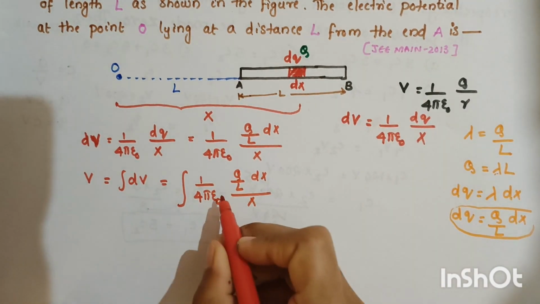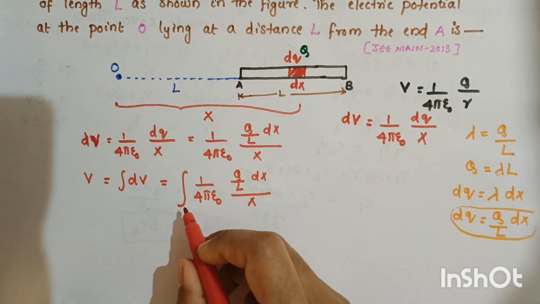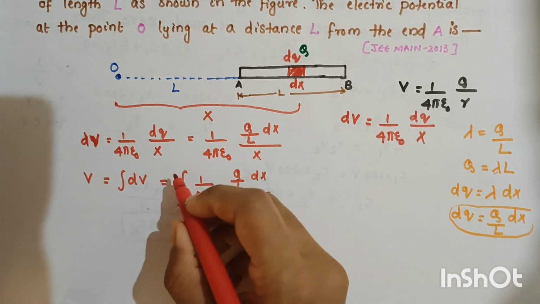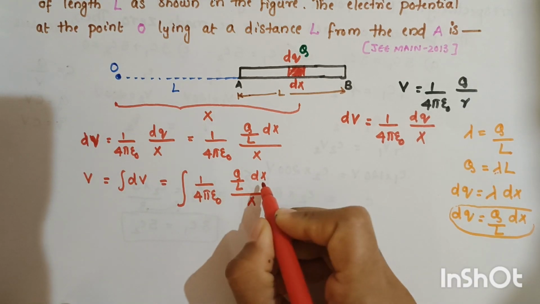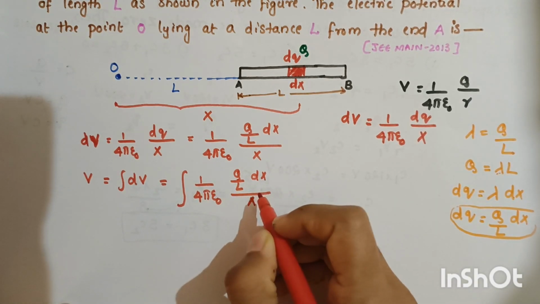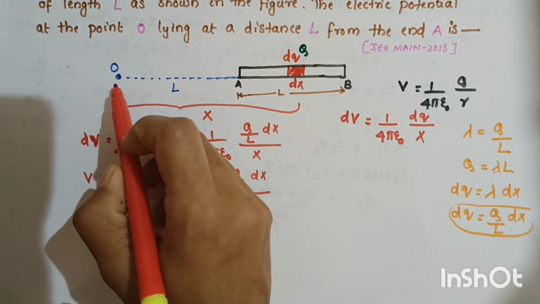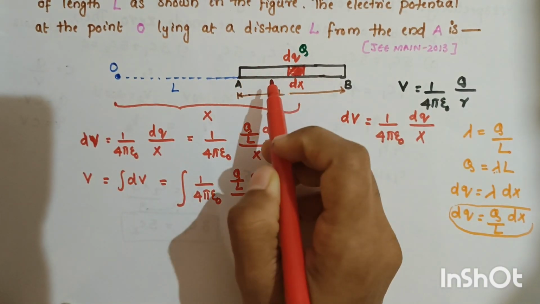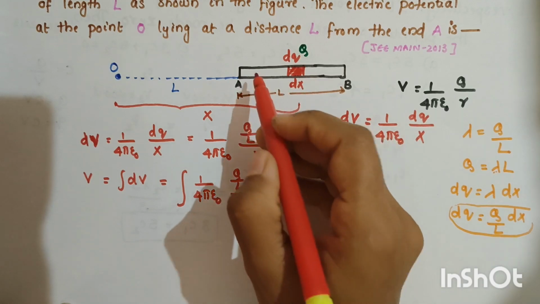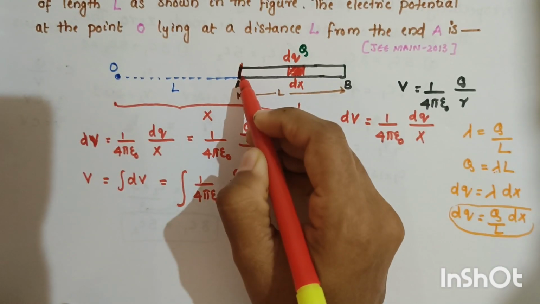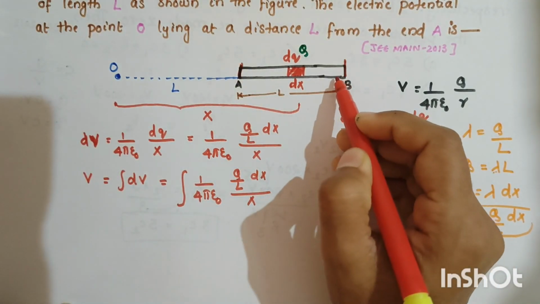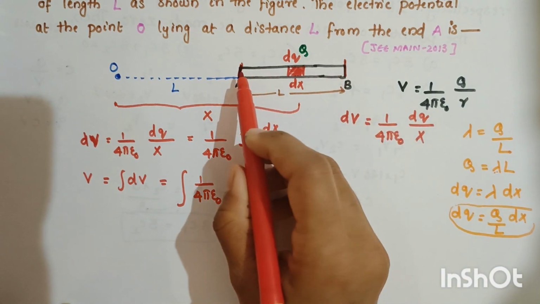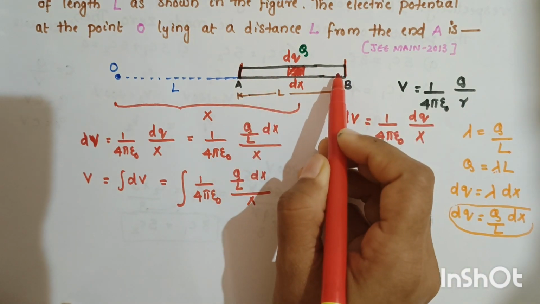This integration will have a lower limit and an upper limit. The charge is distributed uniformly along this rod AB, so we have to integrate from this end of the rod to the other end.